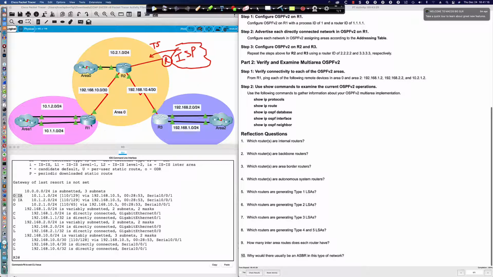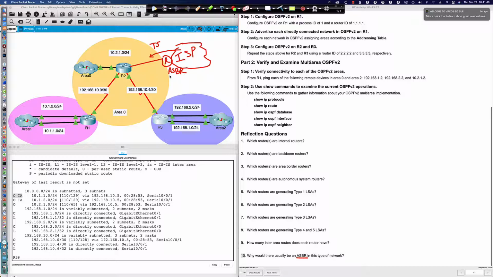The same could be true down here. Again, the ASBR, the Autonomous System Boundary Router, this would be the ASBR because it is on the boundary between my OSPF routing domain and some other non-OSPF routing domain.